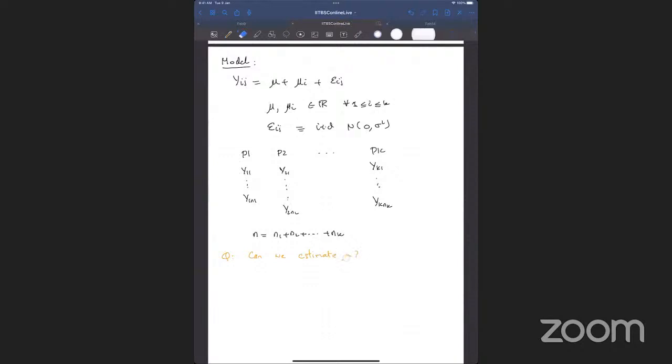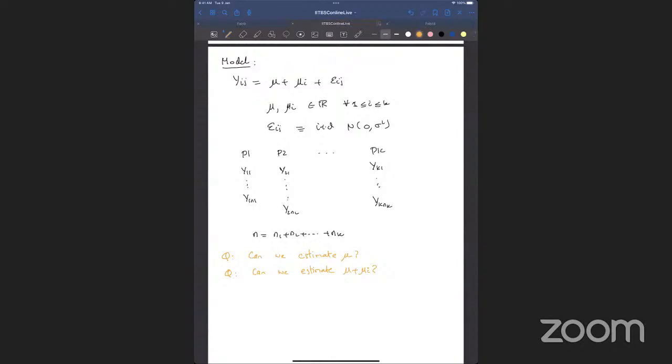And the next question I asked you was, can we estimate mu plus mu_i? You can ask why we want to estimate these things. I'll give examples as I go along, maybe not today, but next time. So these are the things I asked you: is it possible or not possible?